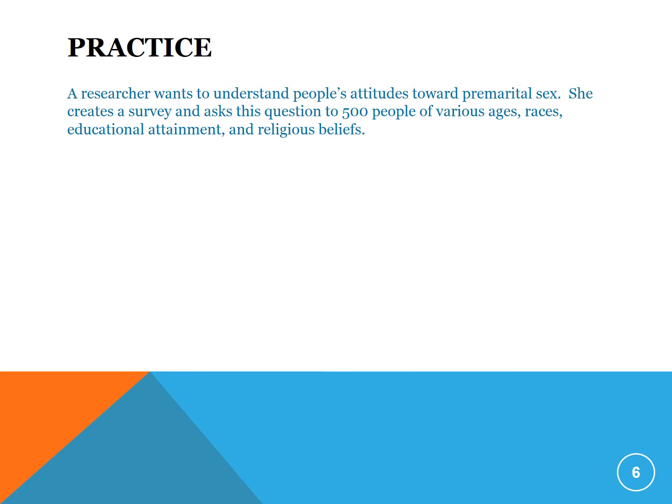All right, let's practice. A researcher wants to understand people's attitudes toward premarital sex. She creates a survey and asks this question to 500 people of various ages, races, educational attainment, and religious beliefs. How many possible observations are in this data set?